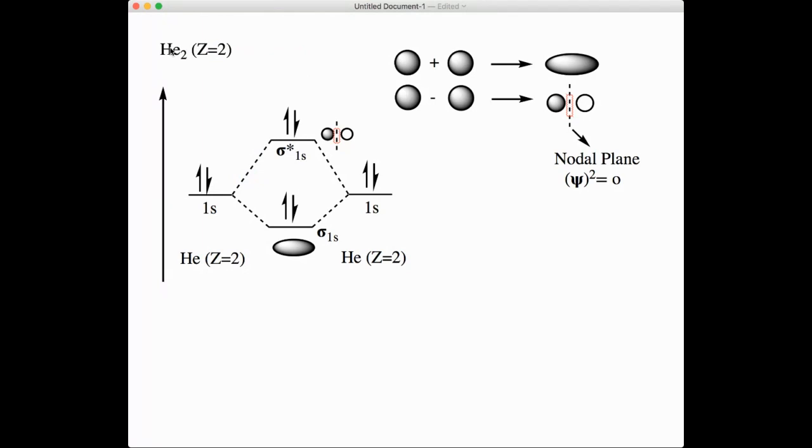So the electronic configuration for a molecule of He2, according to molecular orbital theory, would be sigma 1s2, meaning that there are 2 electrons in the sigma 1s, and then sigma star 1s2. So that would be the electronic distribution for an He2 molecule according to molecular orbital theory.